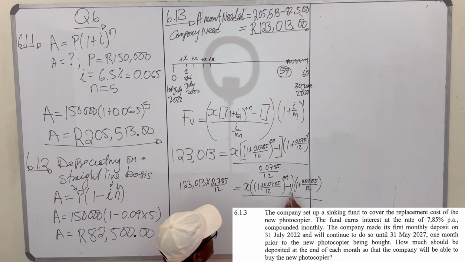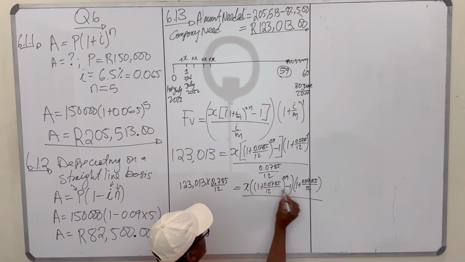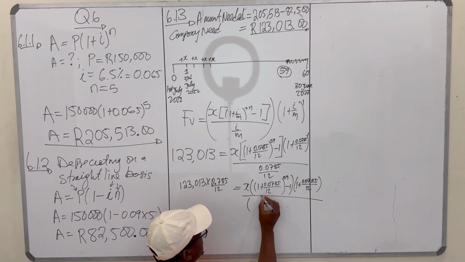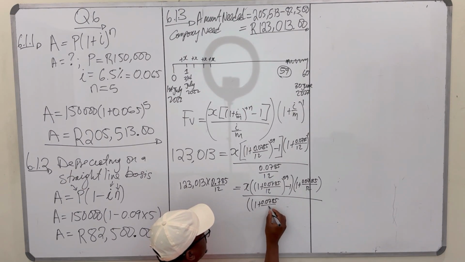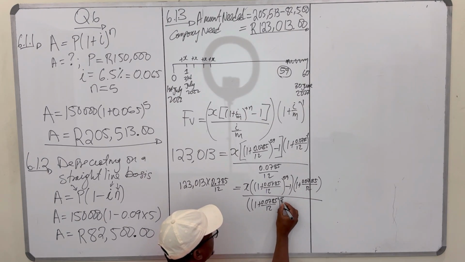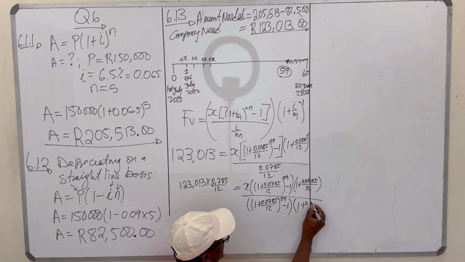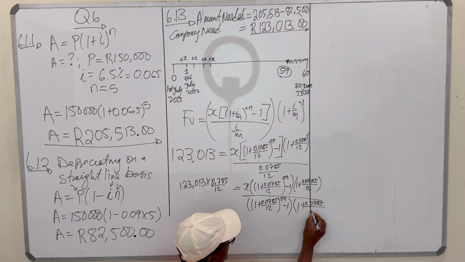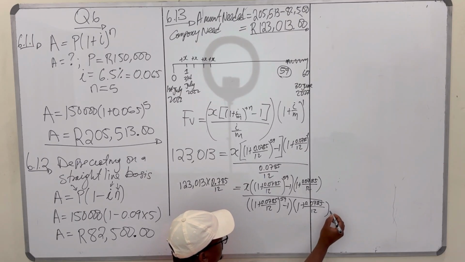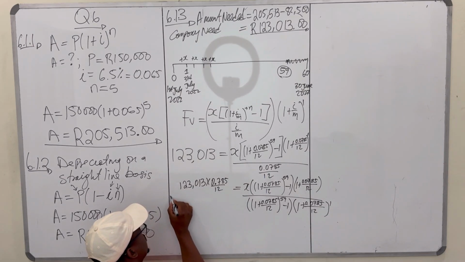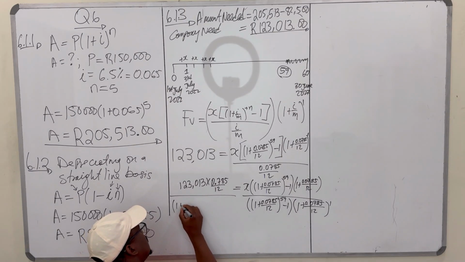So you divide both sides by this thing here, which is these brackets: 1 plus 0.0785 over 12, all raised 59 minus 1, times 1 plus 0.0785 all over 12, raised 1. Also divide with the same thing here as well.